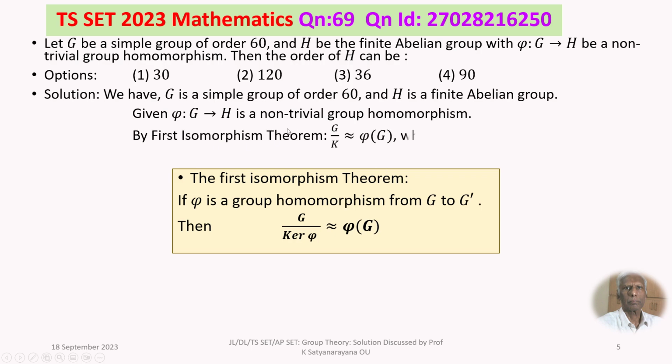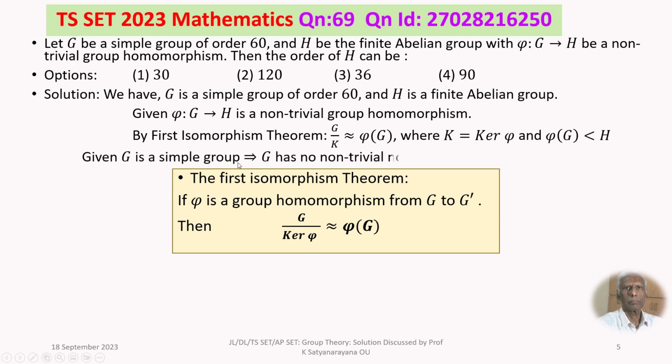By applying that theorem, we get G by K is isomorphic to phi of G, where K is the kernel of phi, and phi of G is a subgroup of H. When phi is a homomorphism from G to H, then phi of G, the image of G under phi, is a subgroup of H.